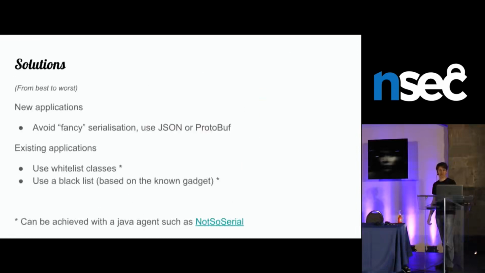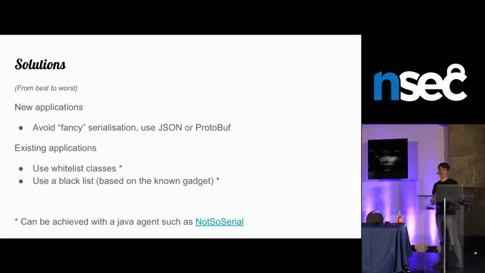So, solutions. Instead of patching and doing whitelists for an existing application, if you have a legacy Java application that is doing serialization, you could add a blacklist to reduce the risk of known gadgets being used as an exploitation vector.